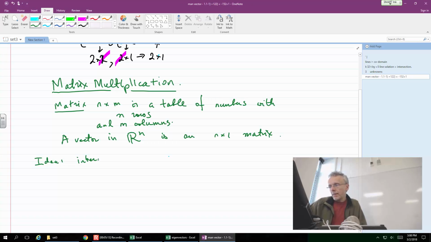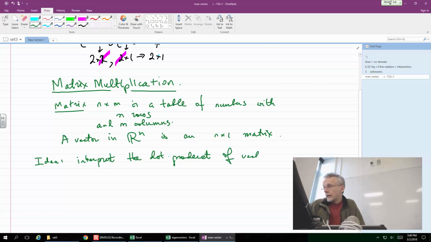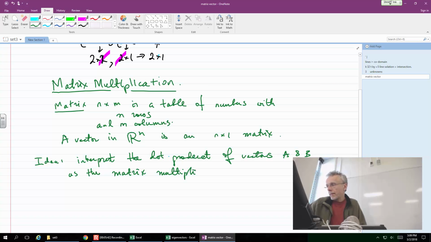Interpret the dot product of vectors, say A and B, as the matrix product, or rather matrix multiplication, if you like, with A a row, B a column.